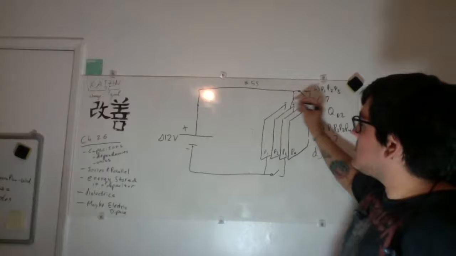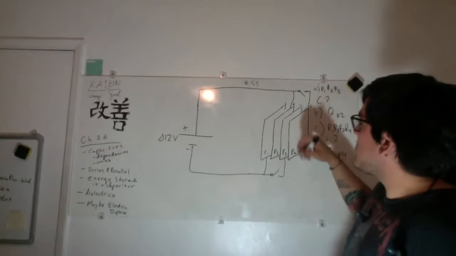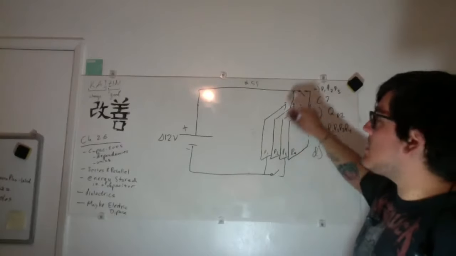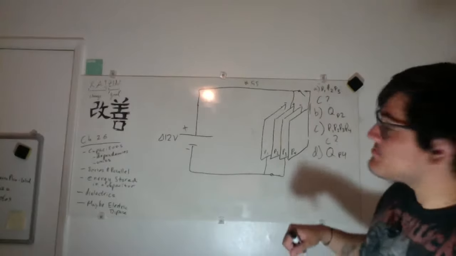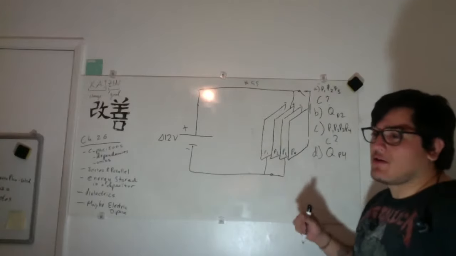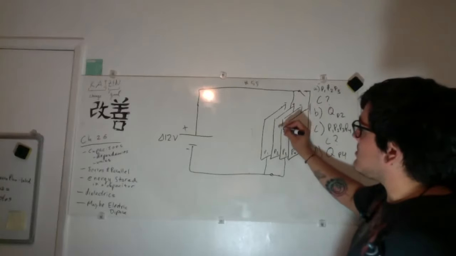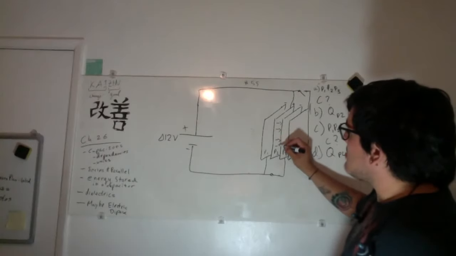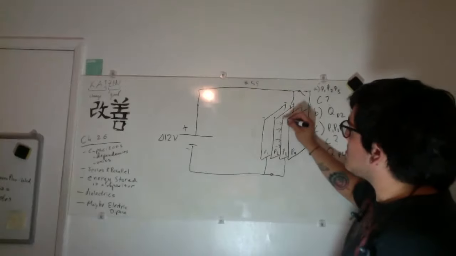This is positive, this is negative, right? Negative, and this is positive. For this first part, we're just looking at the first three. The switch is closed down here, but not up here, so just the first three are charged. So the electric field from this one would like to go this way, and would also like to go this way, right?